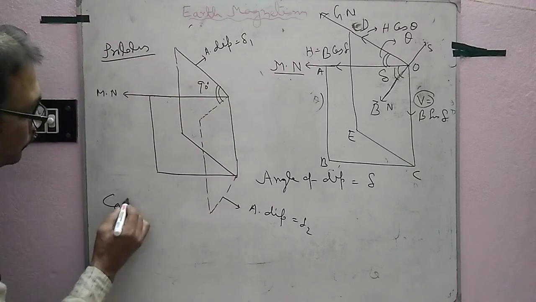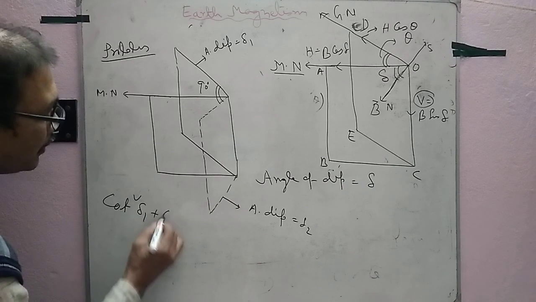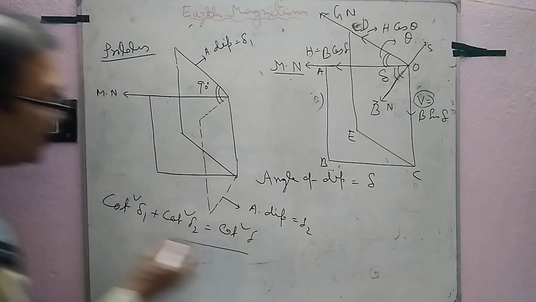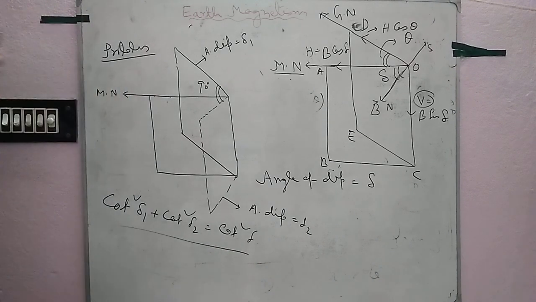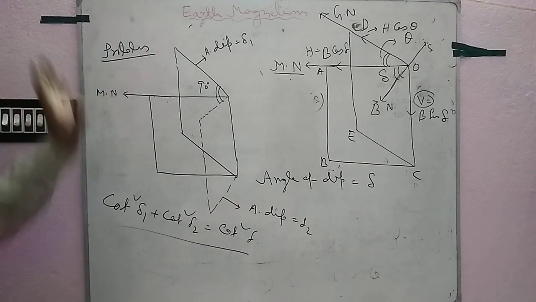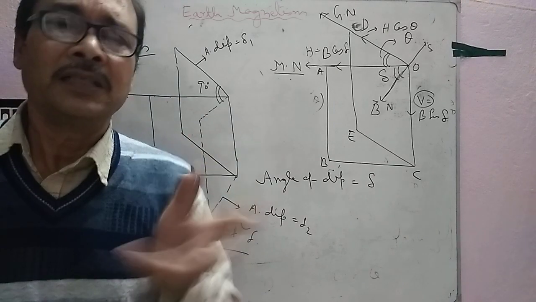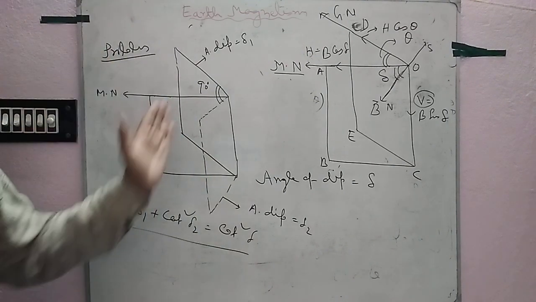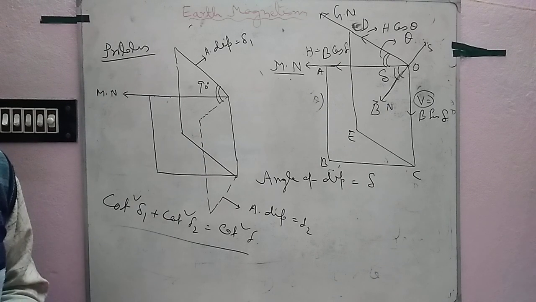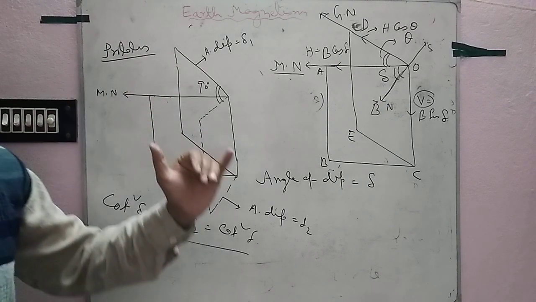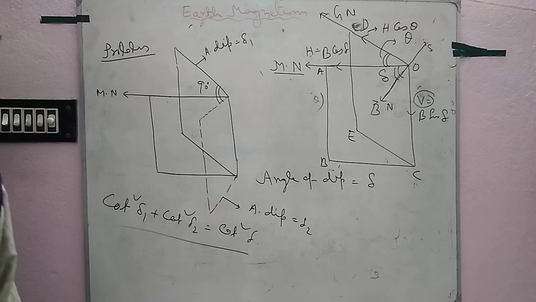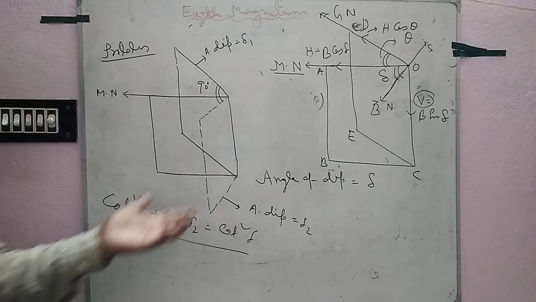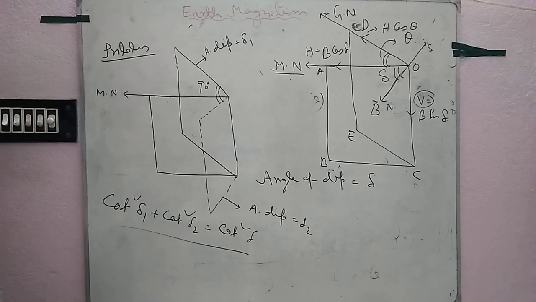The relation will be cot square sigma 1 plus cot square sigma 2 equal to cot square sigma. Maybe this type of question may be set in MCQ and broad question also. Again, I repeat the problem. The two vertical planes make an angle 90 degree with each other, and the apparent angles of dip in the two planes are sigma 1 and sigma 2. If the actual angle of dip at that place is sigma, then what is the relation between sigma 1 and sigma 2? Clear?